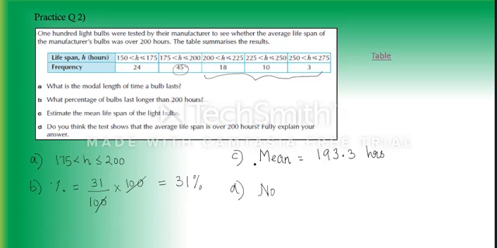And also in part C, the mean comes out to be a value of 193.3, which is less than 200 hours. So which means that the average lifespan of the bulbs is not over 200 hours.